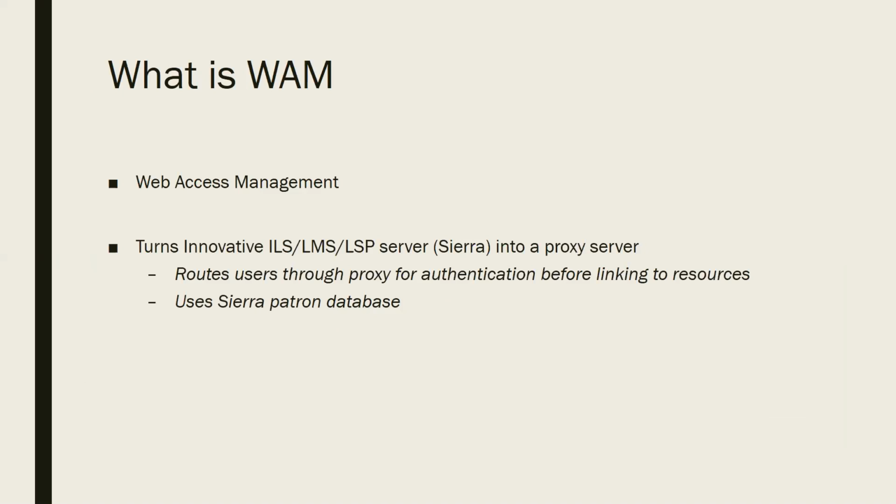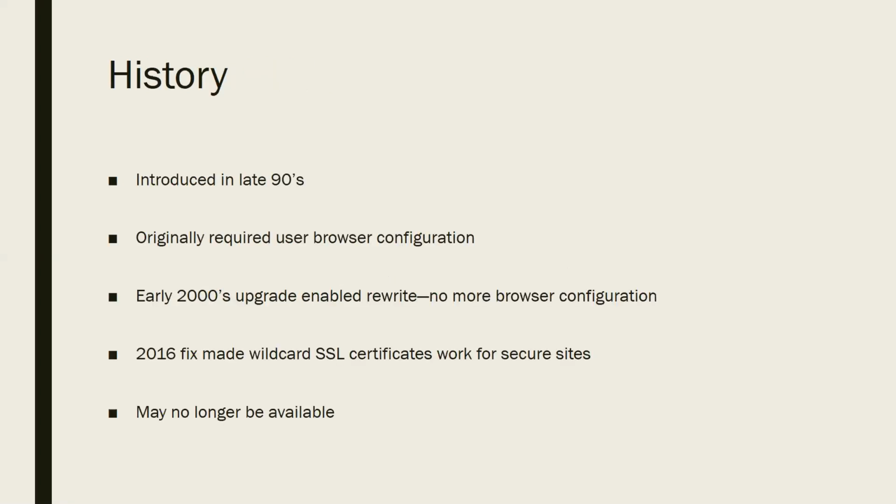It routes users through the proxy or through the Sierra server for authentication before linking out to resources. And it uses the Sierra patron database. So in that sense, it's very easy. You just use your system to authenticate and to send people out to resources. And it was introduced in the late 90s, I think in 98.